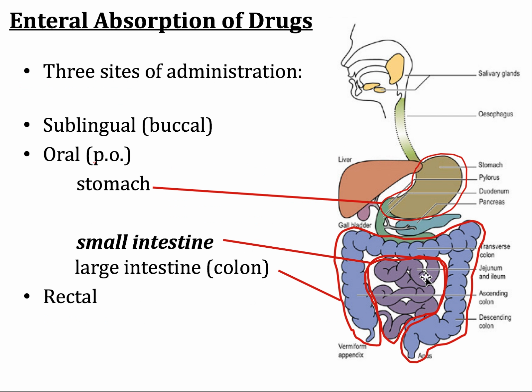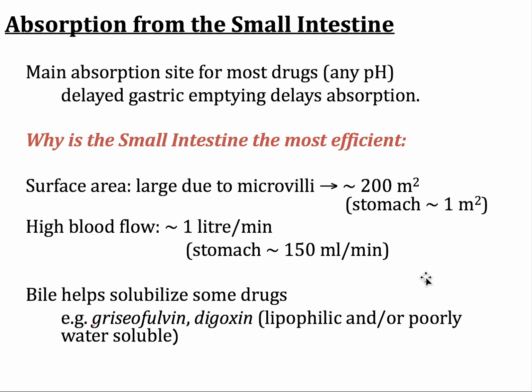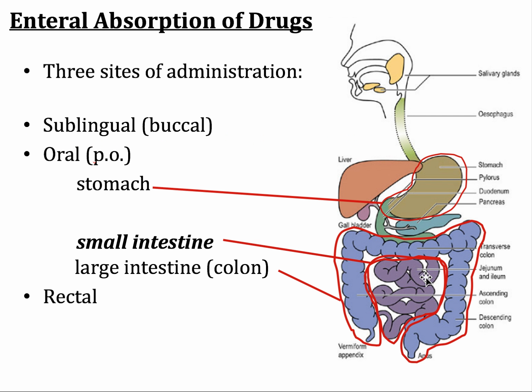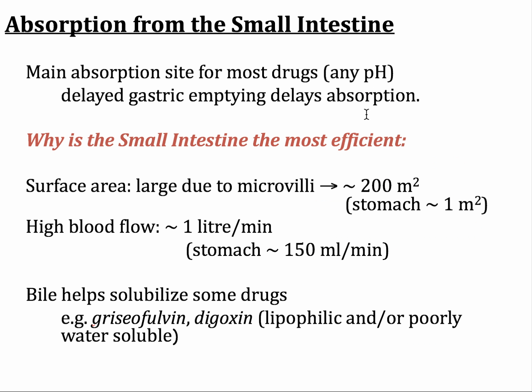Now, internal absorption of drugs. I said most of the drug is absorbed in the small intestine, and that might have led you to think, why can't it be absorbed in the large intestine? Sorry, not the bowels. Bowels is a common term for the whole of the GI tract.